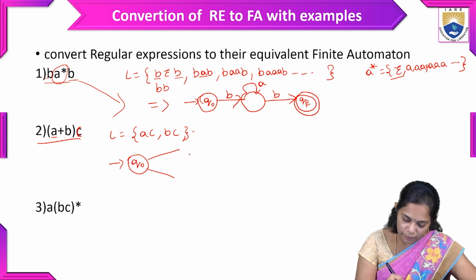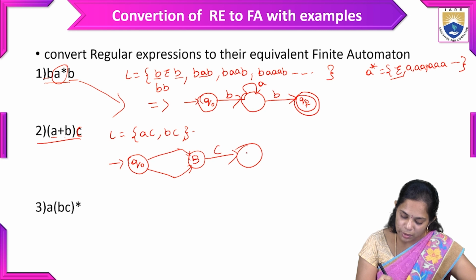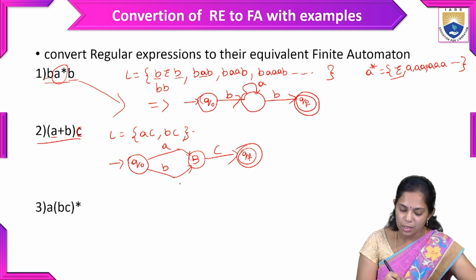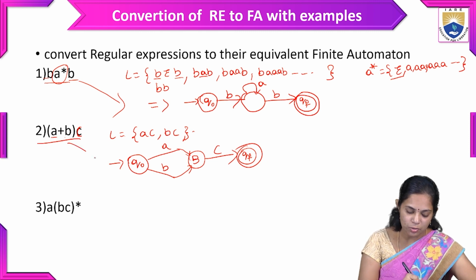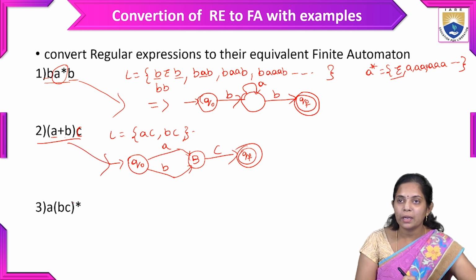We have to take one more state, B. We take these two inputs and reach the final state with the input symbol C. So this is the final state, and this is an intermediate state. So we take these two input symbols, either starting with A or B. This is how we denote this regular expression as a finite automata.